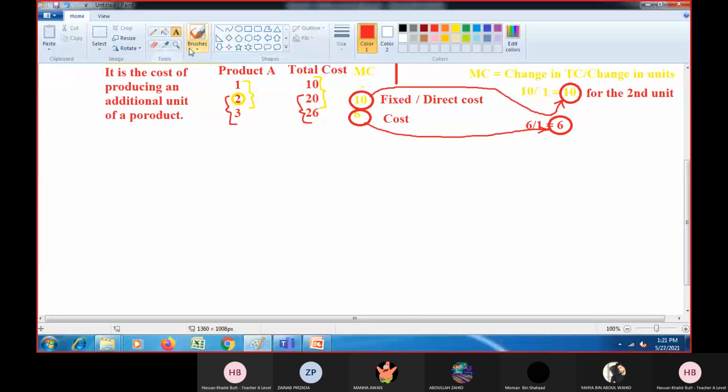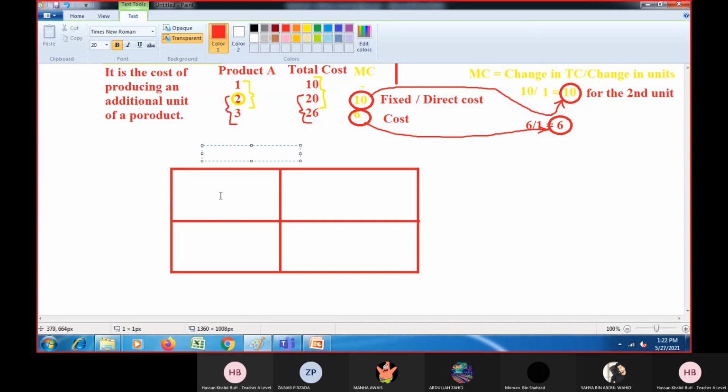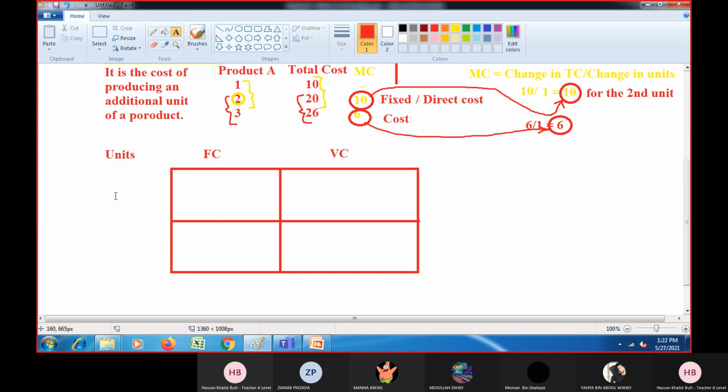For example, they give you a kind of table, and they say this is, let's say, fixed cost, and this is, let's say, variable cost. And we write here units of a product. So there is unit 1, there is unit 2, for example.